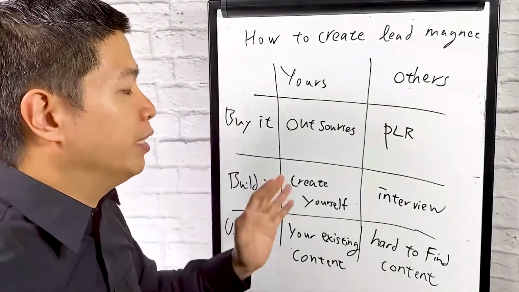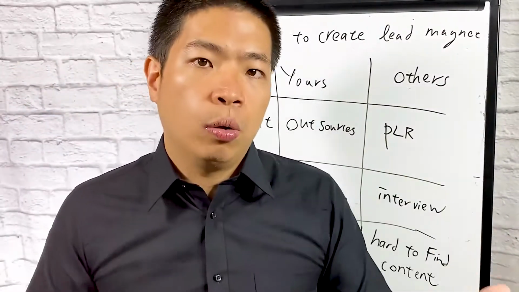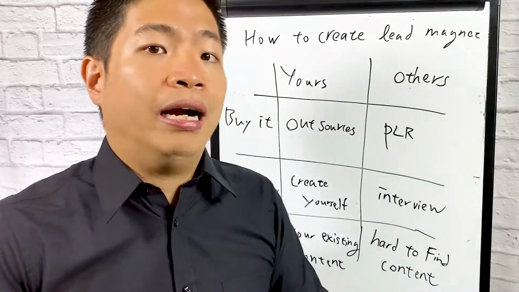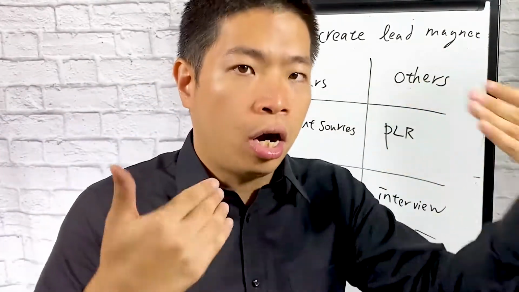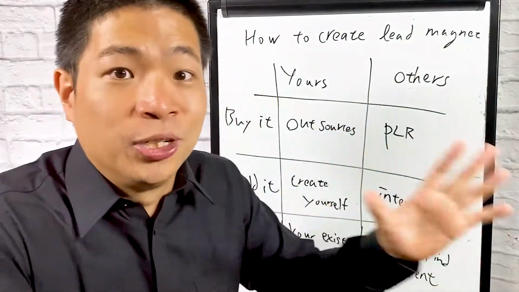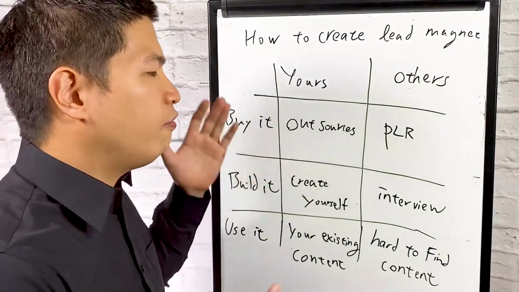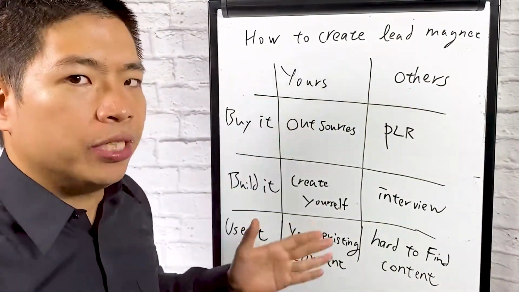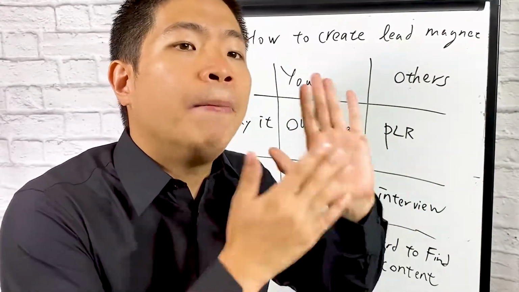Or you can go find some hard-to-find content. Maybe there are some videos on YouTube that are really valuable, but no one is watching them because it's really hard to find videos on YouTube. There's too many of them. It's overwhelming. So you can say, hey, I just found the 10 best videos about negotiation and I packaged them together in a members area.